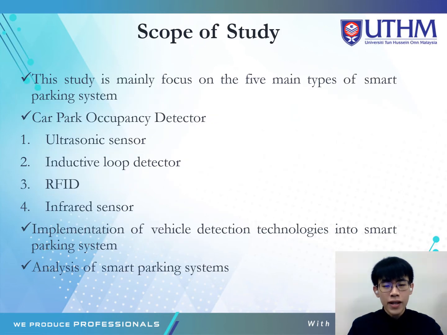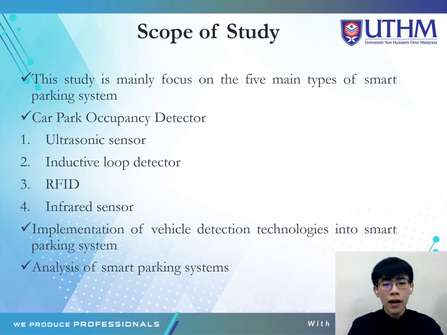This study is mainly focused on the 5 main types of smart parking systems, which are Parking Guidance and Information System (PGIS), Transit-Based Information System, Smart Payment System, e-parking, and Automated Parking System. Another scope of this study also includes car park occupancy detectors.